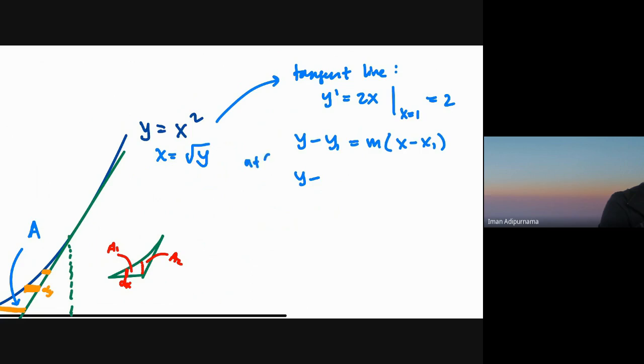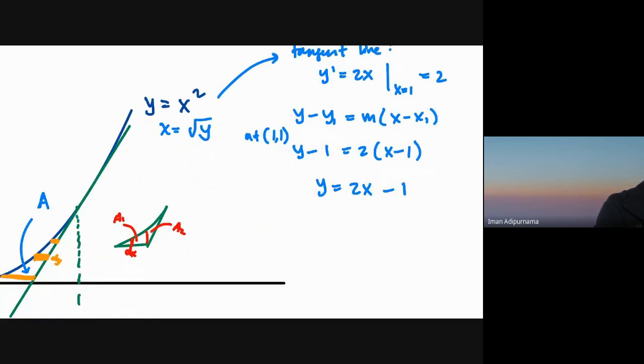And at the point 1, 1, this will be y minus 1 equals 2 times x minus 1. And in terms of y, we can also write 2x, or x is y plus 1 over 2.